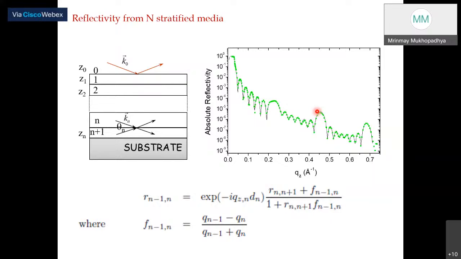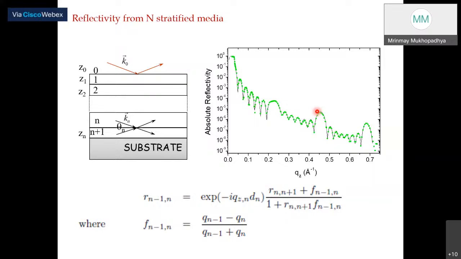So if you have a thin film which is not so rough, you can do an X-ray reflectivity measurement, and from that measurement you can extract the film thickness, film density, and the film roughness.